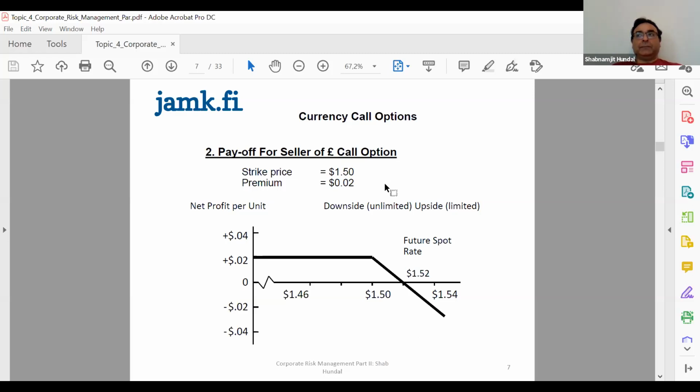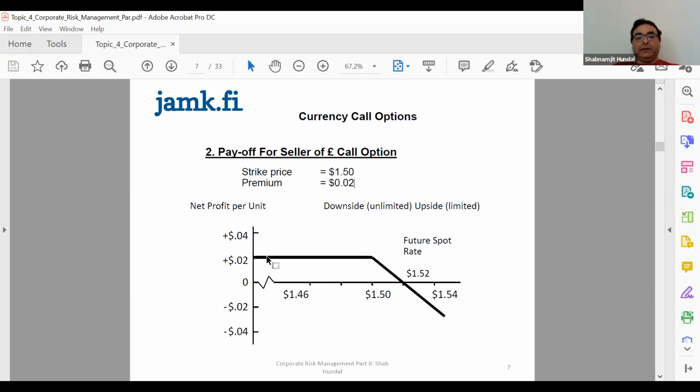The only time the bank would gain from this option contract is when the customer does not buy from the bank, but rather buys from the market. It means when the option is cancelled, when the option is out of the money, when the customer prefers not to go to the bank, but rather buy it cheaper from the market, the £1.